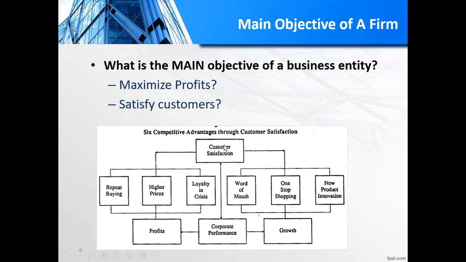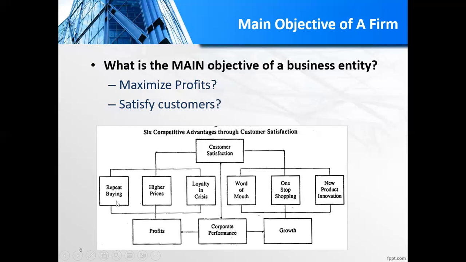Now these are the reasons why customer satisfaction is very important as far as an organization is concerned. It provides competitive advantages to the firm. Okay, it increases corporate performance through profits and through growth. Okay, for example, how does customer satisfaction generate profit?